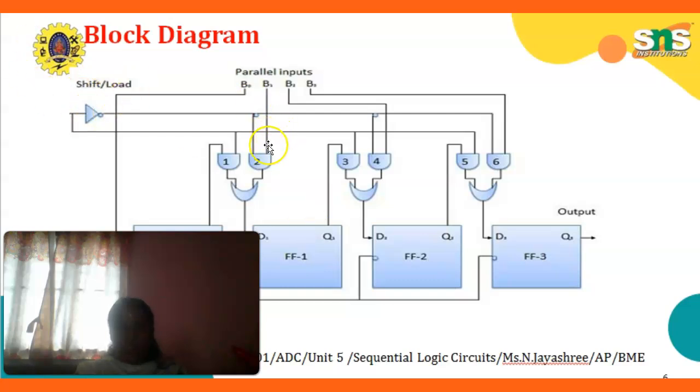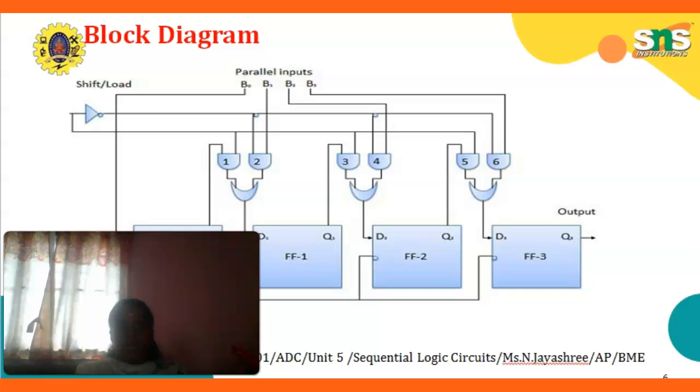Whereas in shift operation, the AND gates 2, 4, 6 become inactive and the AND gates 1, 3, 5 become active. So all these parallel inputs are connected to these flip-flops and given as the output at the last flip-flop. Thus the two modes of operation are performed in this block diagram of the parallel in serial out shift register.